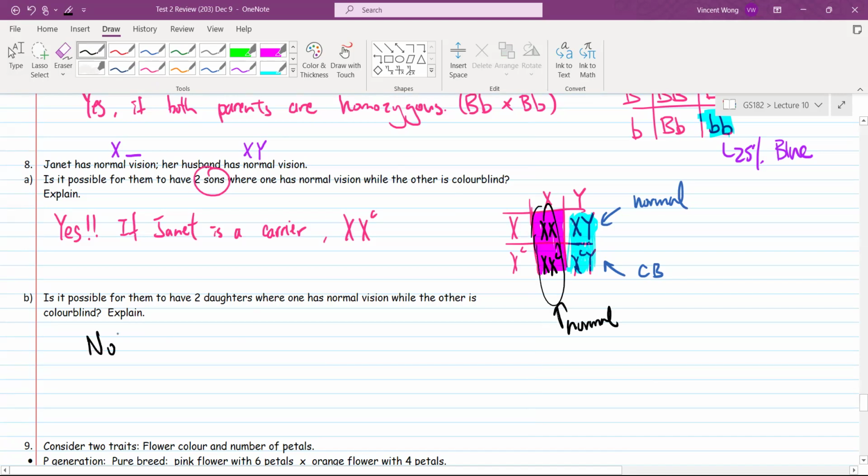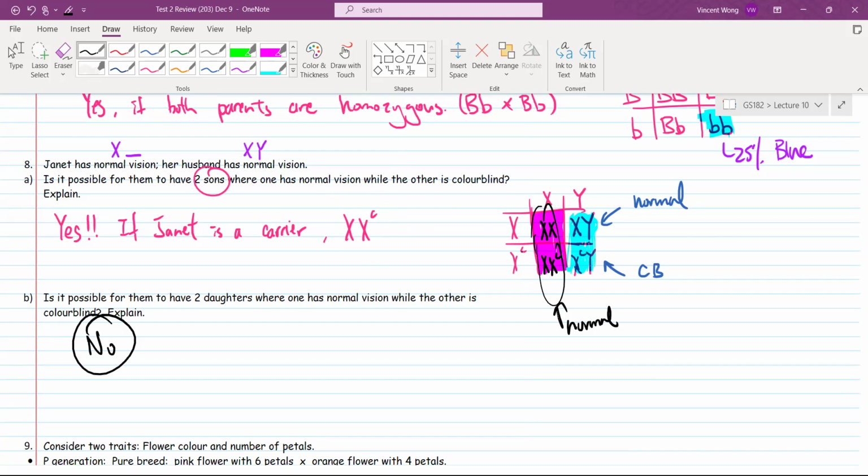So no. We don't even have to try the other possibility. The other possibility is if Janet is XX. If she's XX, then of course nobody's going to be colorblind. So the other option is she's a carrier. But even if she's a carrier, all the daughters are going to have normal vision.